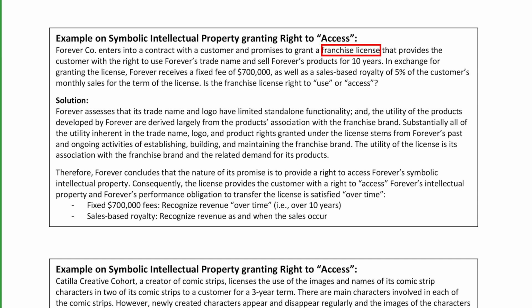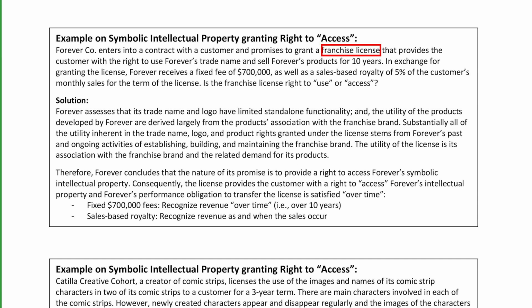Is the franchise license right to use or access? Now, Forever assesses that its trade name and logo have limited standalone functionality, and the utility of the products developed by Forever are derived largely from the product's association with the franchise brand.